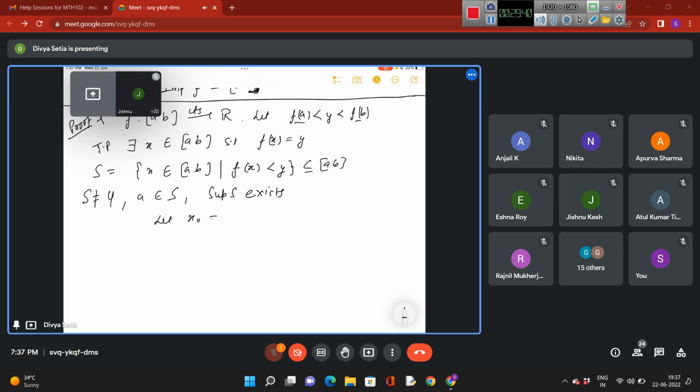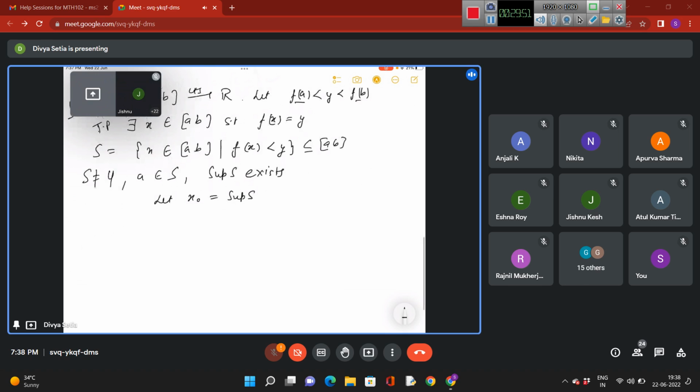Fine. So let's take x naught to be the supremum of this set S. Now, the same argument that we did yesterday: for each n belonging to N, consider such points x naught minus 1, x naught minus 1/2, x naught minus 1/3.